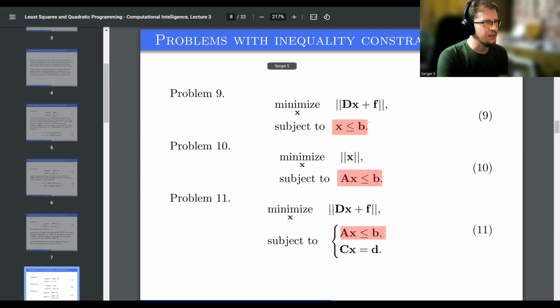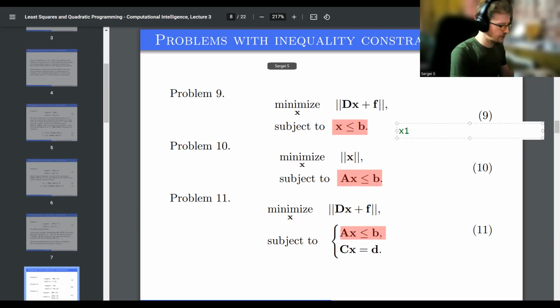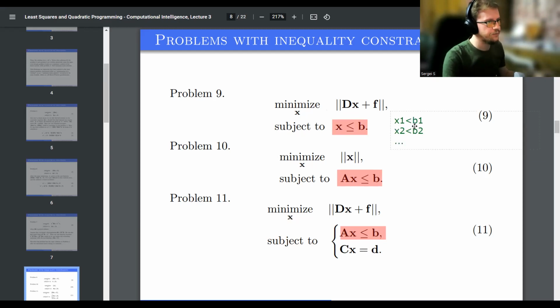What we mean exactly by X less than B is each element of X has to be smaller than the corresponding element of B. So we can rewrite this as X1 less than B1, X2 less than B2, etc. So this is how you can read this expression here.